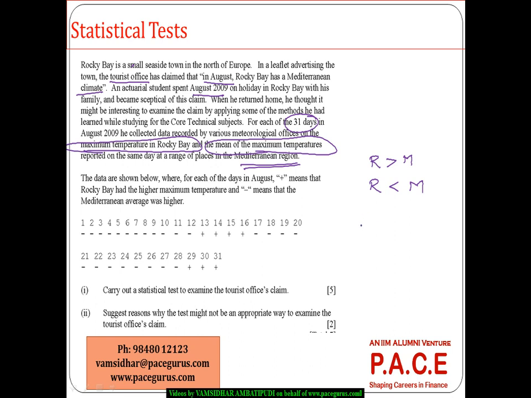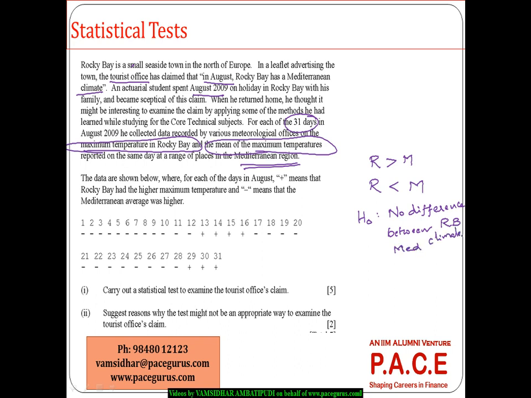Now he is trying to test a hypothesis, where the null hypothesis is that there is no significant difference between Rocky Bay's temperatures and the Mediterranean climate temperatures.